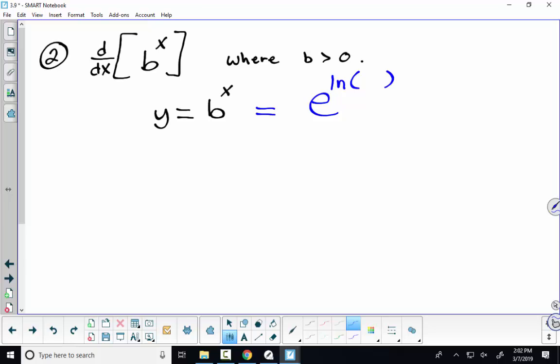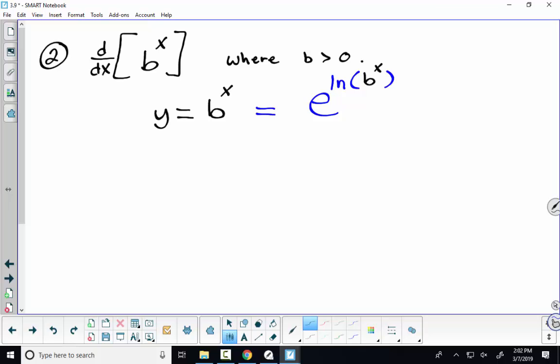So I can say b to the x is actually e to the ln of b to the x power. Do you all agree with that, or does that look weird?